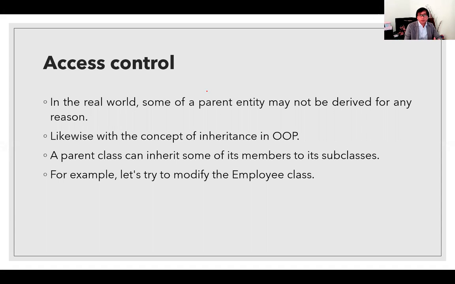So if you want to protect the attribute or the method of the parent classes, it is allowed in Java. All you have to do is modify the attribute that you want to set as private.